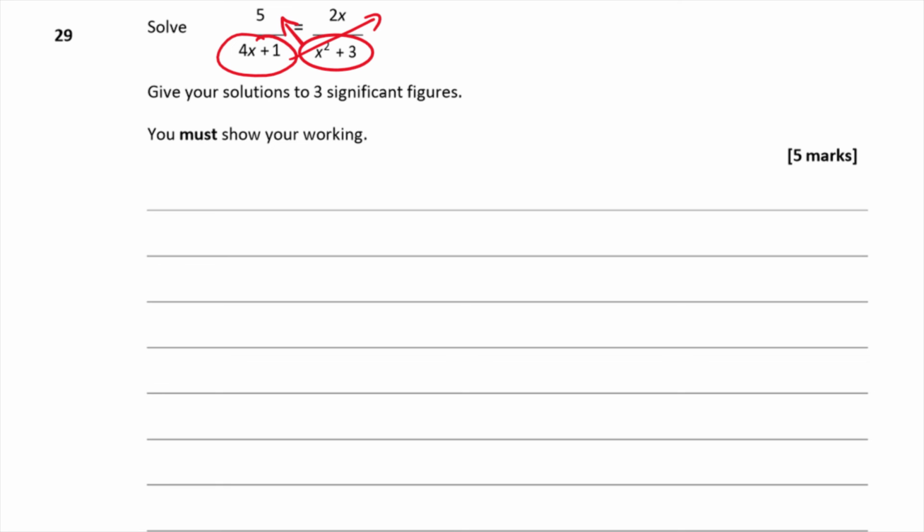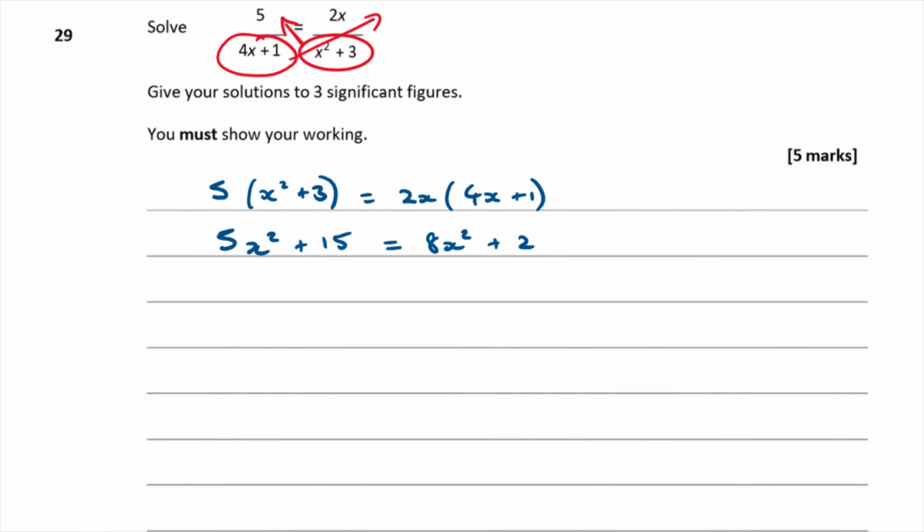So what you'll end up with is 5 lots of the denominator that was on the right, x squared plus 3, is equal to 2x times the denominator that was on the left. Removing the brackets, 5x squared plus 15 is equal to 2x times 4x, which is 8x squared, plus 2x.